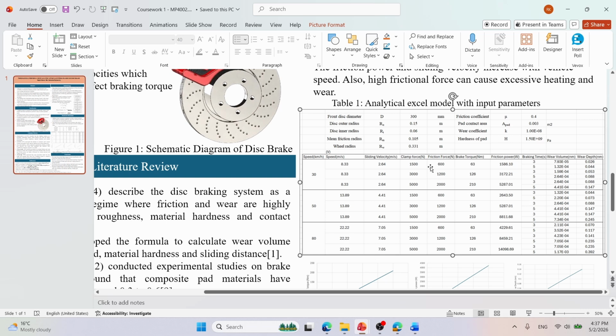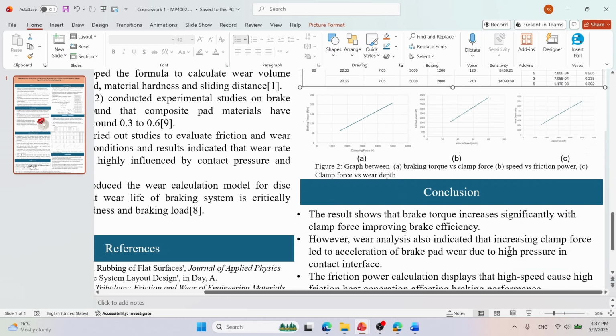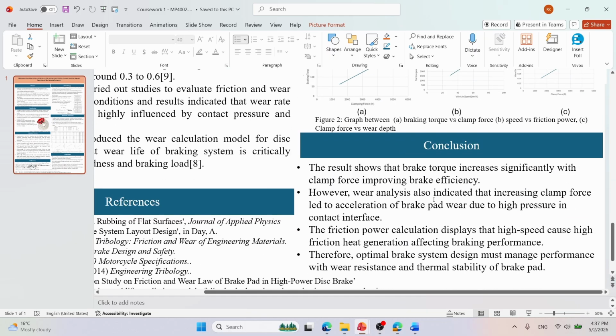As you can see, it's maximum. Okay, so it shows that in the conclusion, brake torque significantly increases with the clamp force, which increases the braking force. However, wear analysis indicated that an increase in the clamp force also led to acceleration of brake pad wear due to high contact pressure.